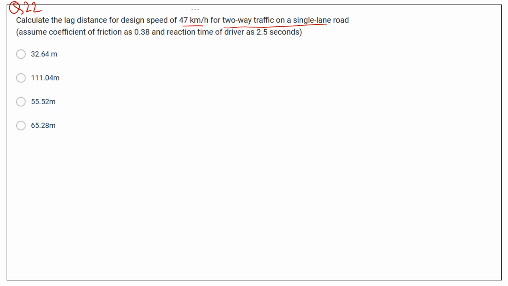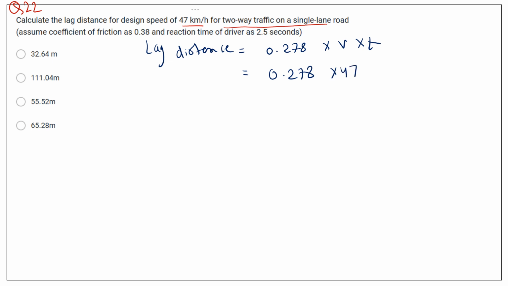So to find the lag distance, it is equal to 0.278 into V into T. The given values are 47 for the speed and 2.5 for the time. So lag distance is equal to 32.665.